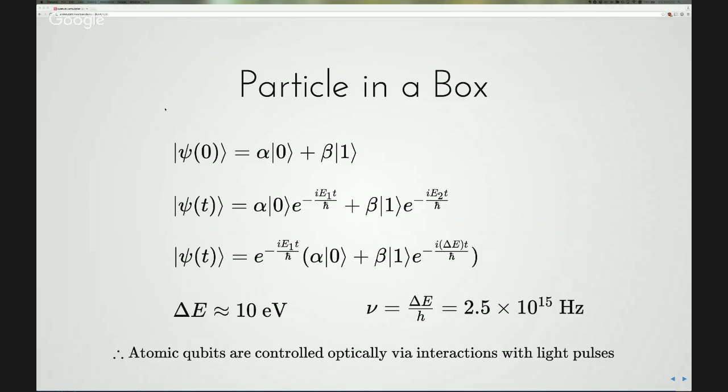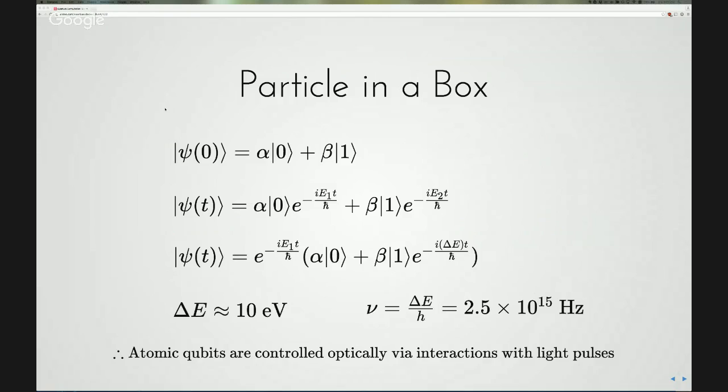So when t equals 0, without loss of generality, we can represent psi of 0 as a superposition of 0 and 1, where alpha and beta are unknown constants. Going back to our general solution, we can plug in that form and we get the second line. We can factor out e to the power of the E1 term, and we get this, where on the right side, on the 1 term, we see the delta E. And delta E actually turns out to be about 10 electron volts.